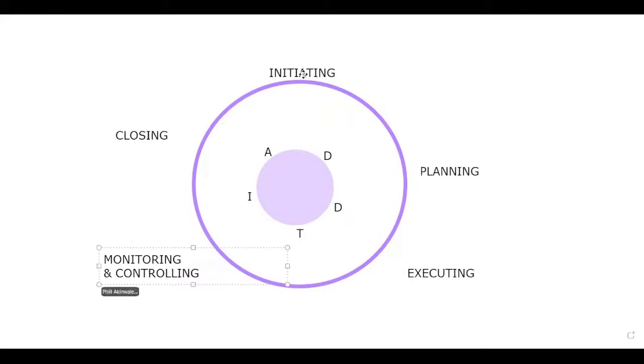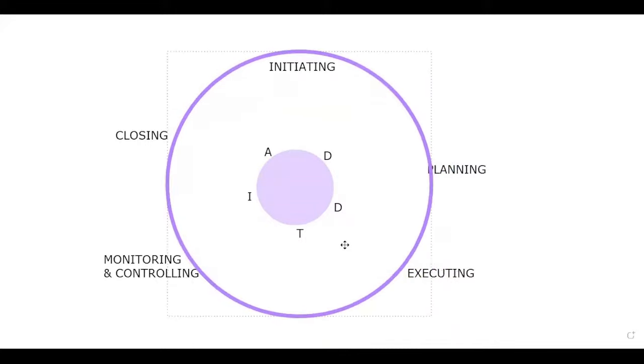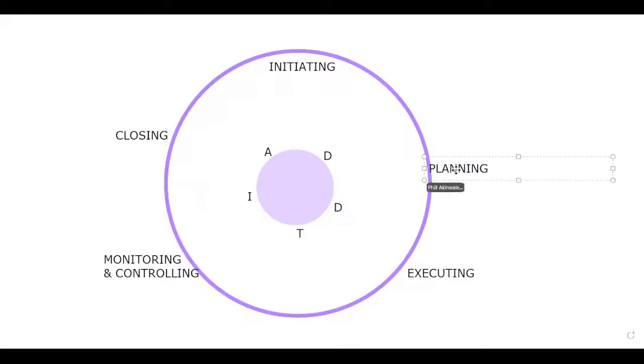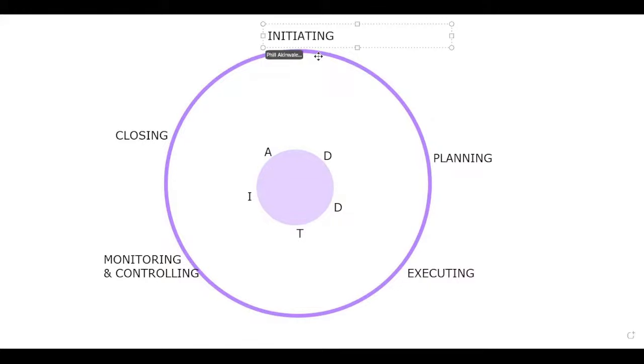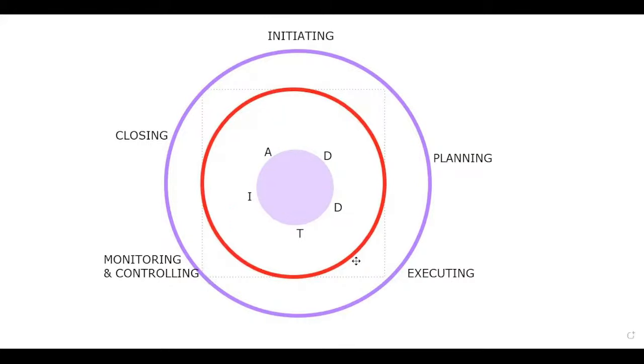So while we have the big shell of the 5 process groups, as a project manager, you also have the perspective of areas of knowledge that your question on the exam could be posed from. So I want you to think about it like this. We also have a third layer where we identify your 10 areas of knowledge.